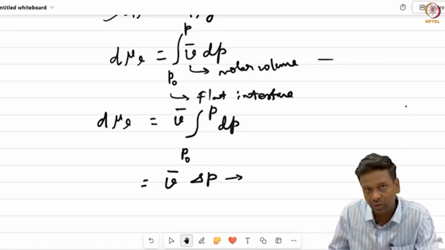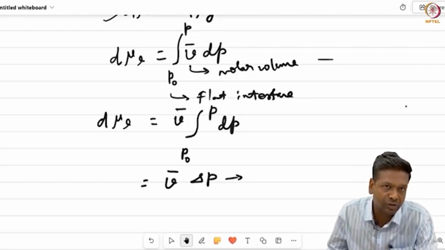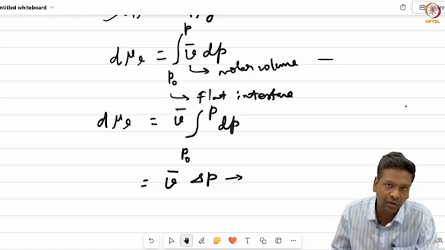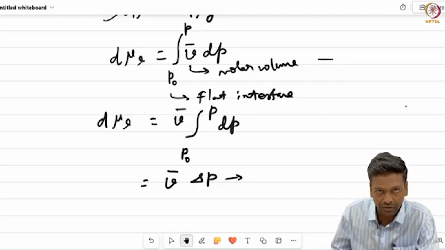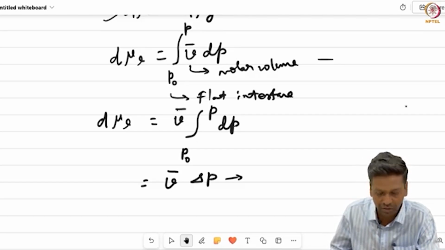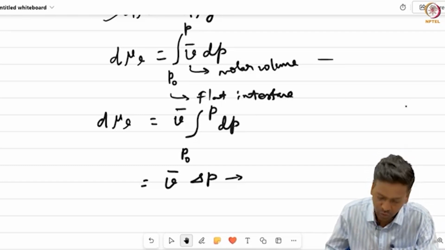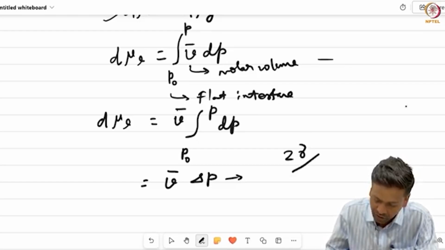Bubble or droplet always assumes a spherical shape, right? So you can safely assume the geometry to be spherical in nature. And for that spherical geometry, the Laplace pressure that we know is nothing but 2 gamma by r.